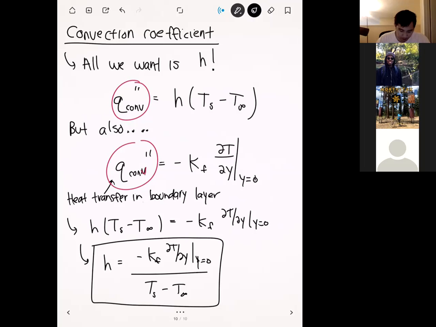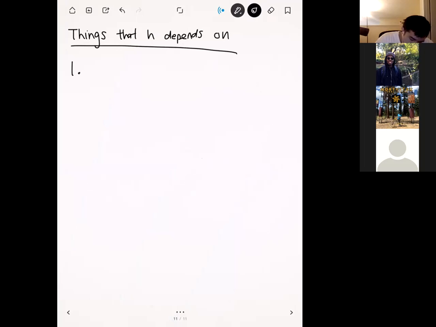Okay. And so in particular, I want to highlight two aspects of the previous equation. These are things that H depends on. Okay. And so in the numerator of our previous expression, the first thing that we see is Kf.